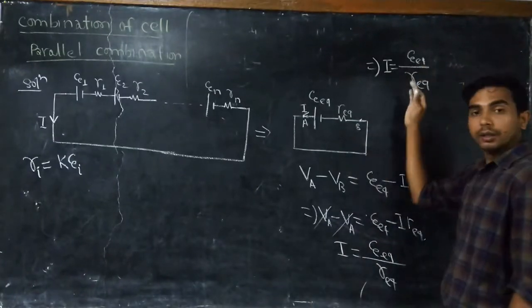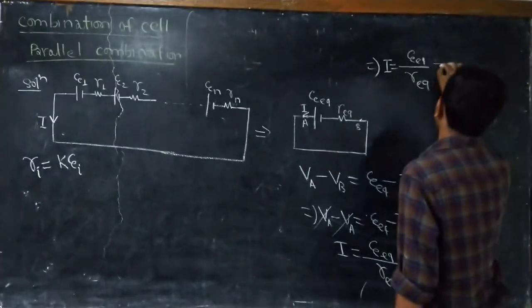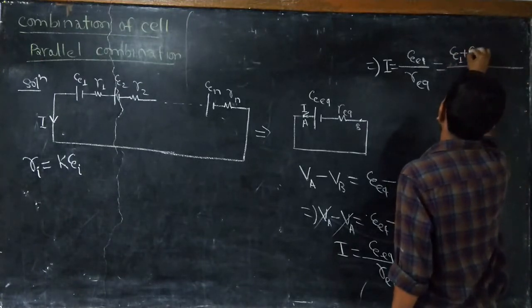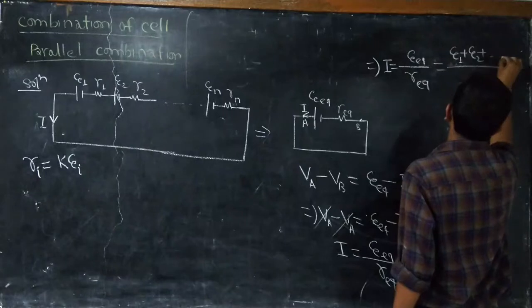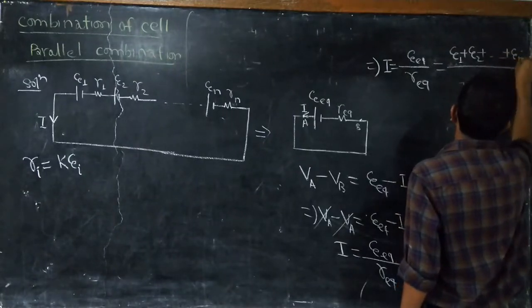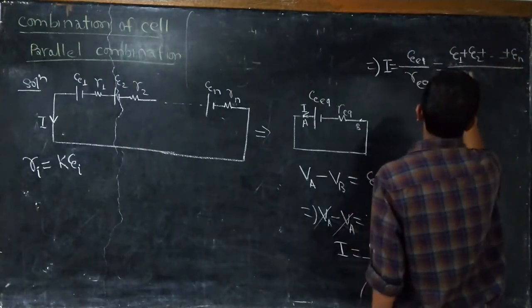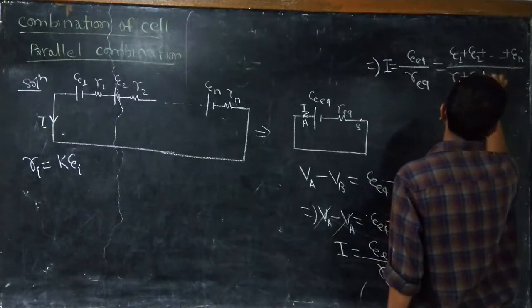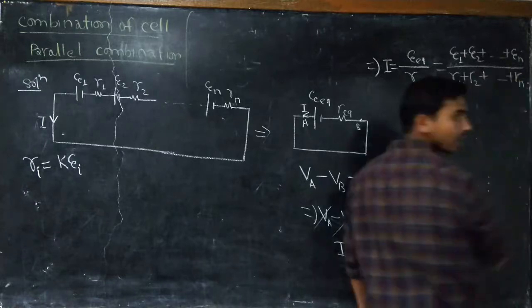And E equivalent in a series combination will be the sum of the individual EMFs, that means E1 plus E2 plus dot dot dot plus En, right? And R equivalent will be the sum of the individual internal resistances, R1 plus R2 plus dot dot dot plus Rn.